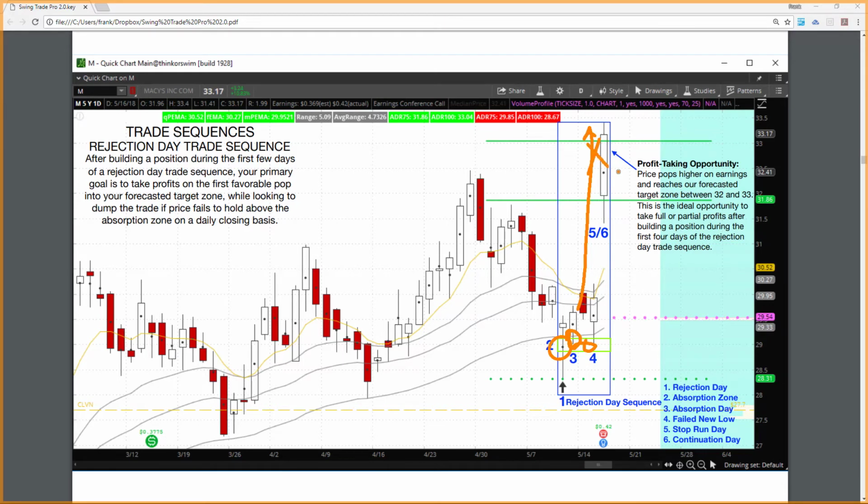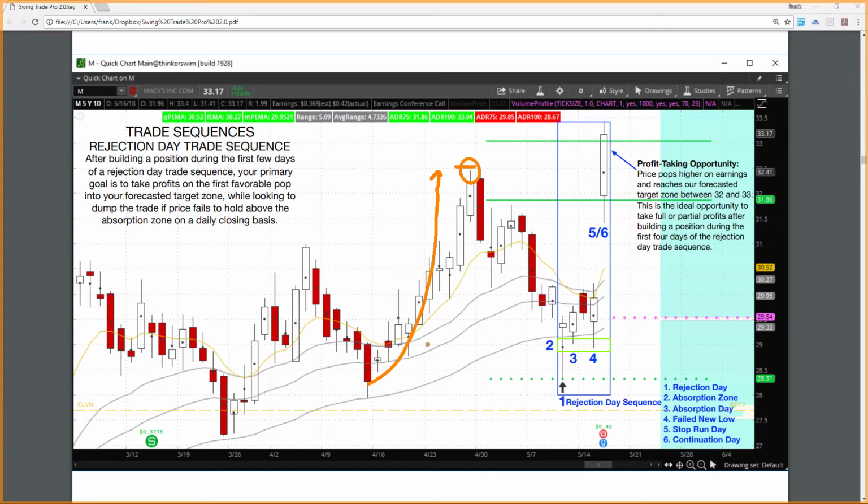Don't get greedy. You cannot get greedy, because if you are greedy and want to hold on, the market will punish you at times. It will come all the way back down and take it all from you. So when price pops in your favor, take profits, either partial or full. Again, look at this big move here. Big move up.